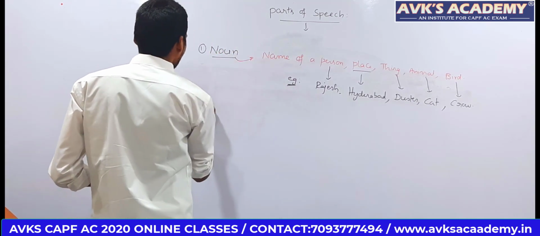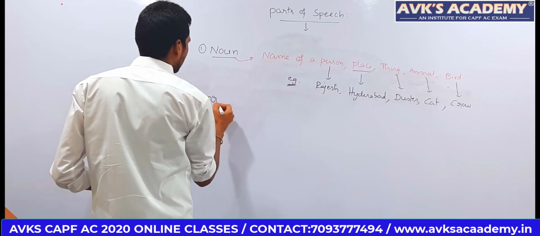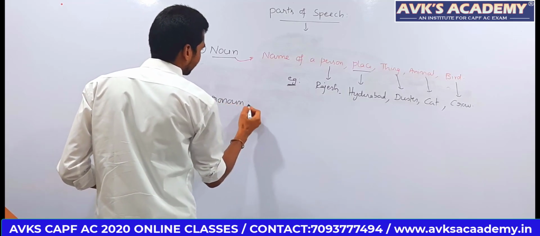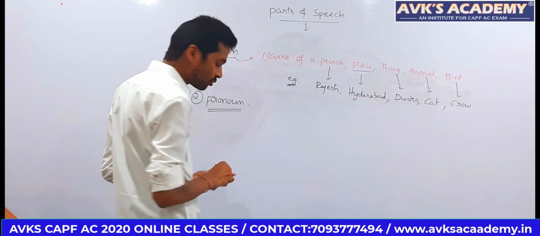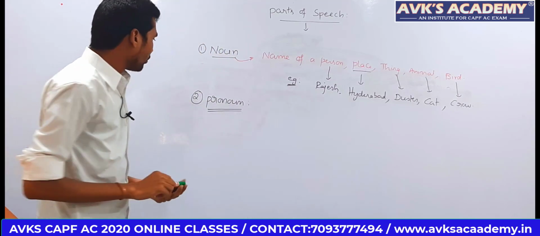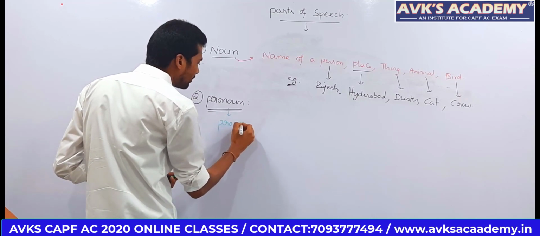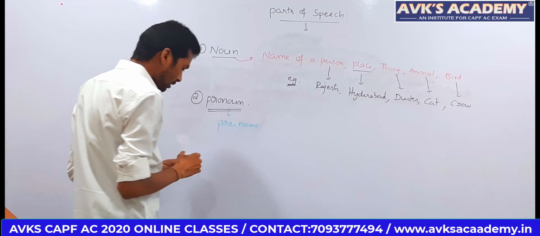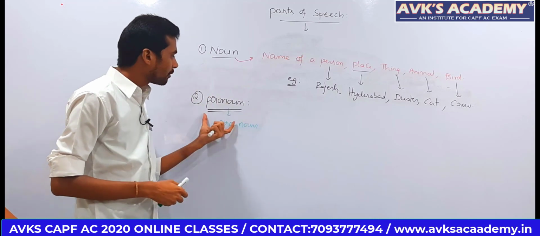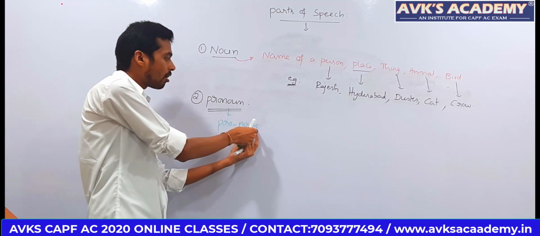And the second one is what? The second part of speech is pronoun. When you look carefully, the name itself suggests something. Pronoun. Can we say that this contains the word noun? So we already have noun here.